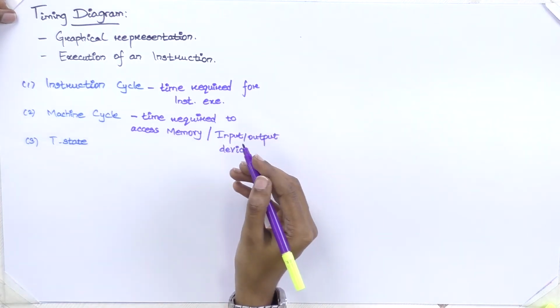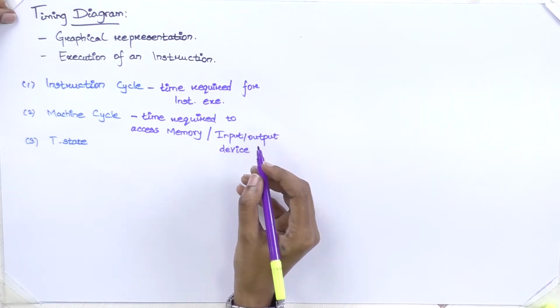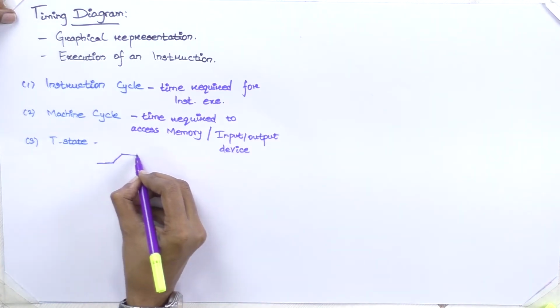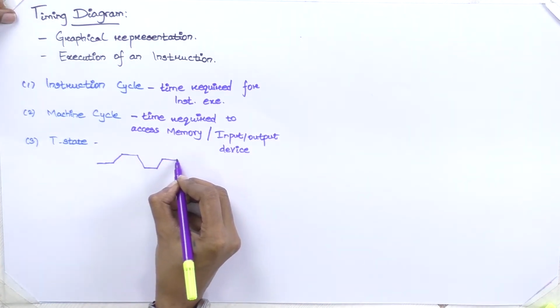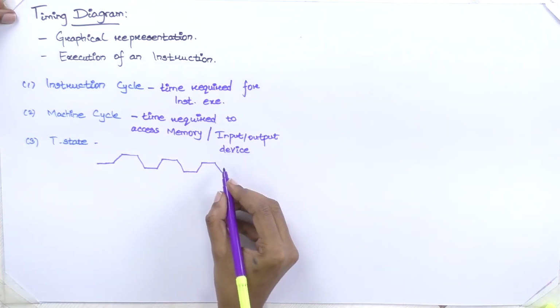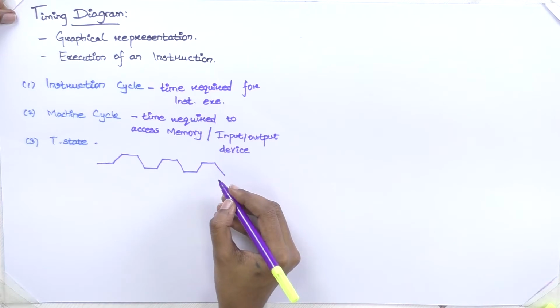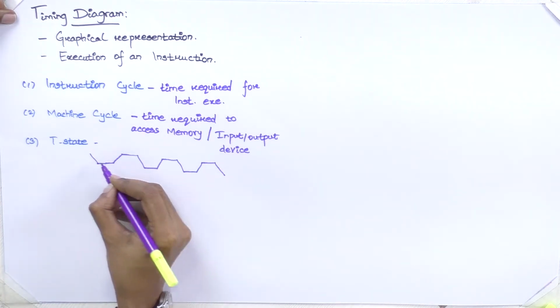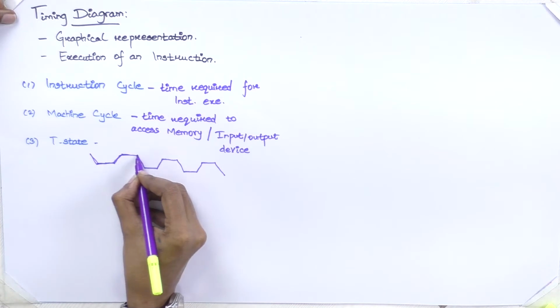The next thing is T state. We will represent the T state as clock cycles. So it will be like the pulse signal. It will be like this. So T state is nothing but a portion of work done during one system clock. One system clock is nothing but one low pulse and one high pulse.